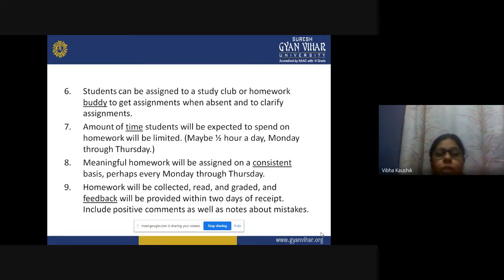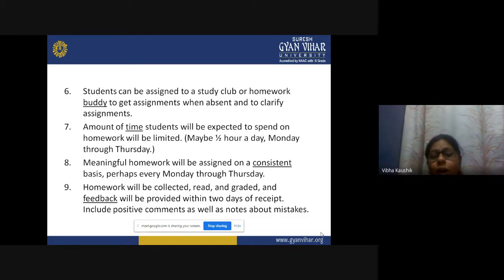The amount of time students will be expected to spend on homework will be limited. Means a time limit should be there, that in that particular time you have to complete your homework. Maybe half an hour a day you can assign. In a day, a half hour has been given.